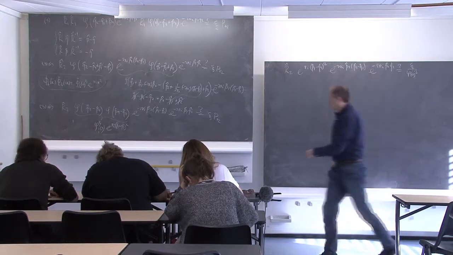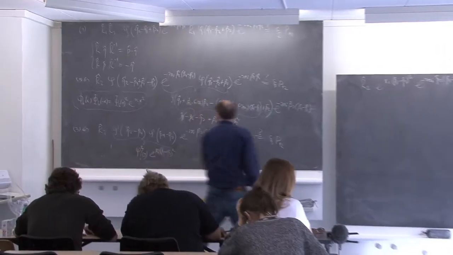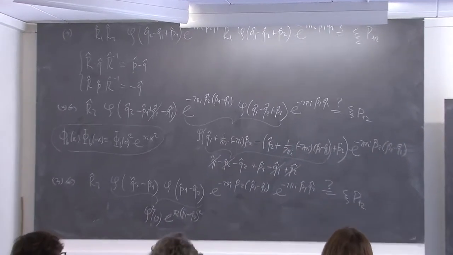So I divide by this scalar factor here, times the permutation.